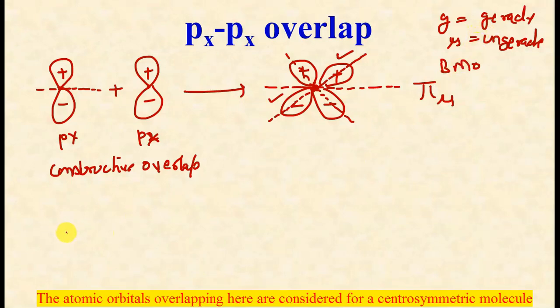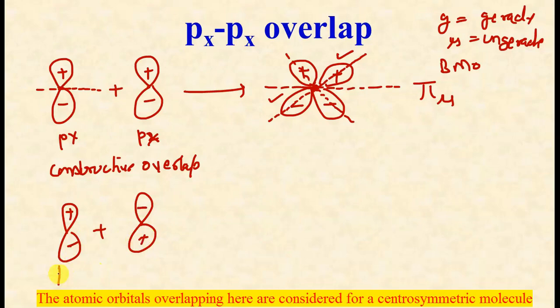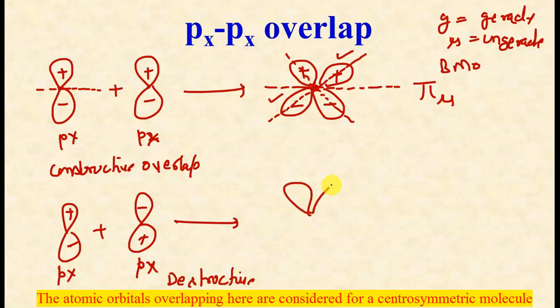As far as the destructive overlap is concerned, what will we get? Positive, negative, negative, positive. Again this is a px orbital, this is a px orbital, and the destructive overlap will result in the formation of lobes somewhat of this type: negative, negative, positive, positive.